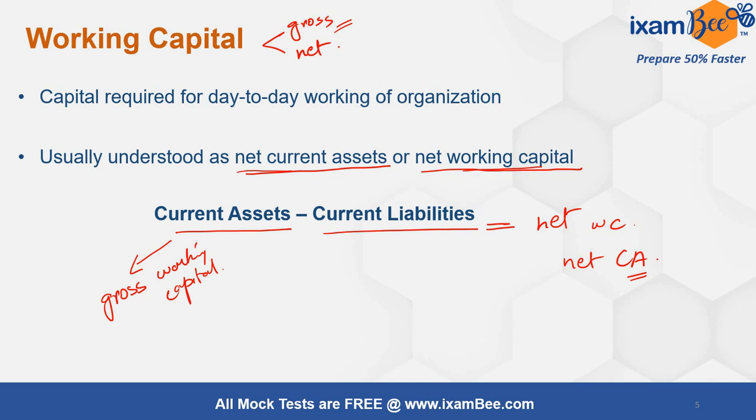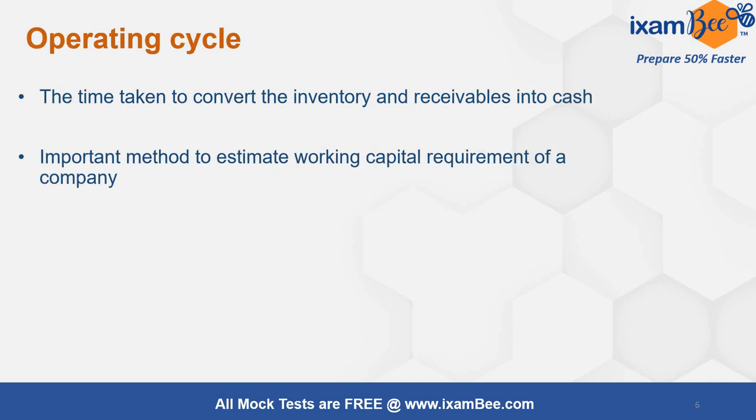One other very important concept to understand when we are talking about working capital is the operating cycle. The operating cycle refers to the duration or period it takes to convert your current assets, which is mostly your inventory and your accounts receivables or debtors, into cash.